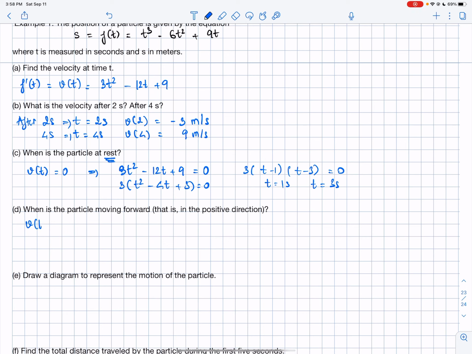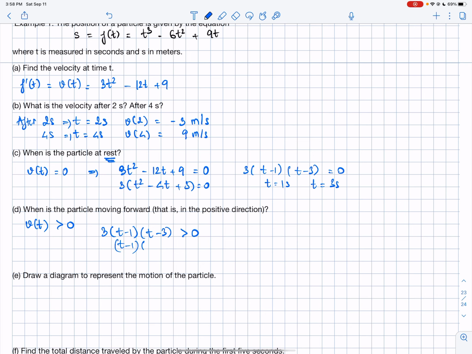When is the particle moving forward, that is positive direction? So v of t positive. That means we have 3 times t minus 1 times t minus 3 greater than 0. We divide both sides by 3.